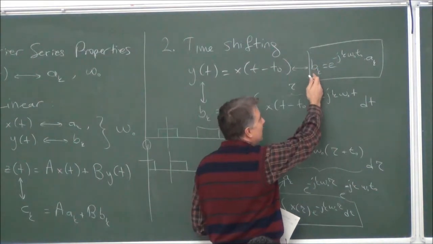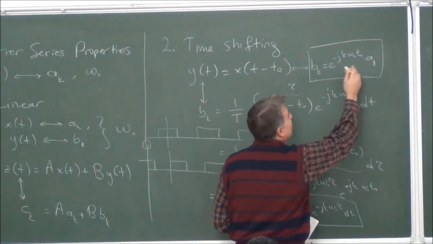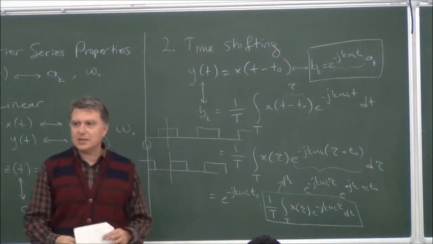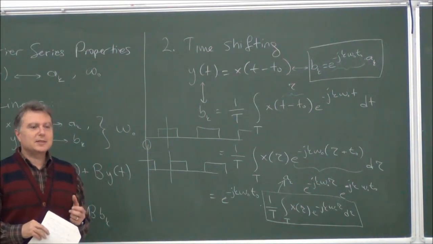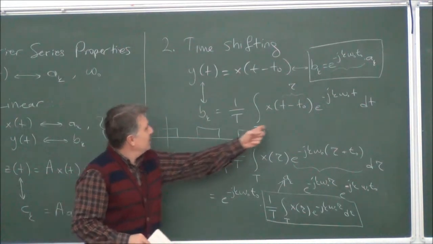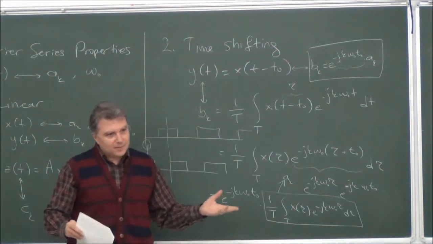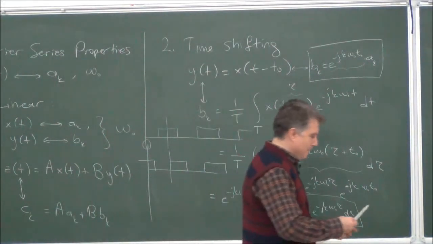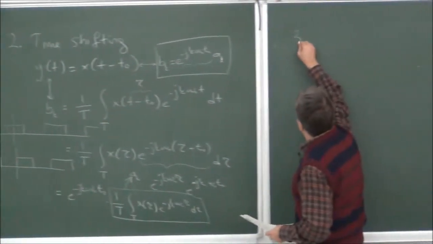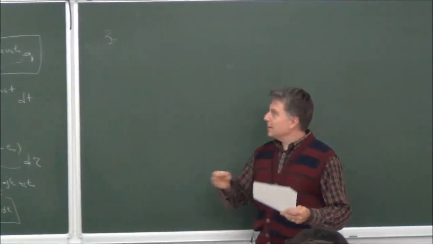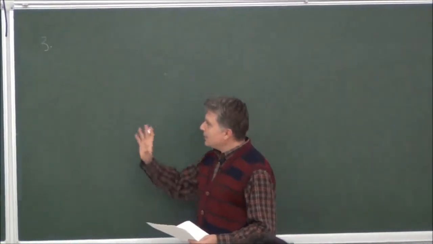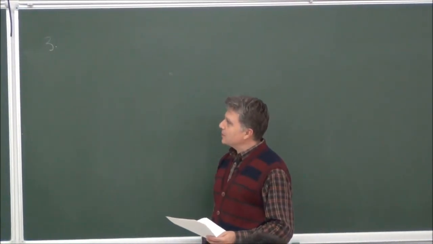The magnitude of bk depends on the magnitude of ak. The magnitude of this exponential term is 1. It doesn't change anything. It is just incorporating a phase factor, and that phase is this shift anyway. Okay, nothing else. So the same rule applies. If ak is decreasing, bk is also decreasing. The norms don't change. Only a phase term comes into the picture.